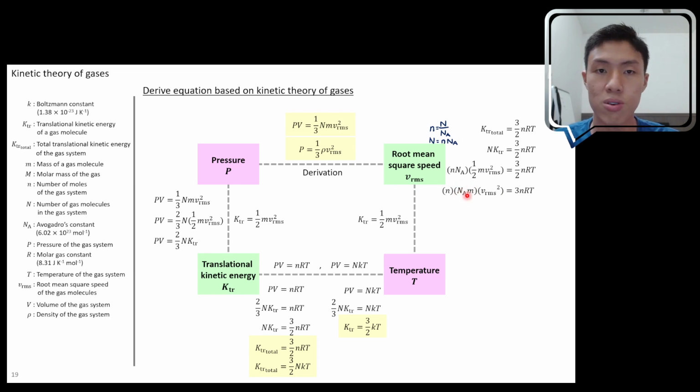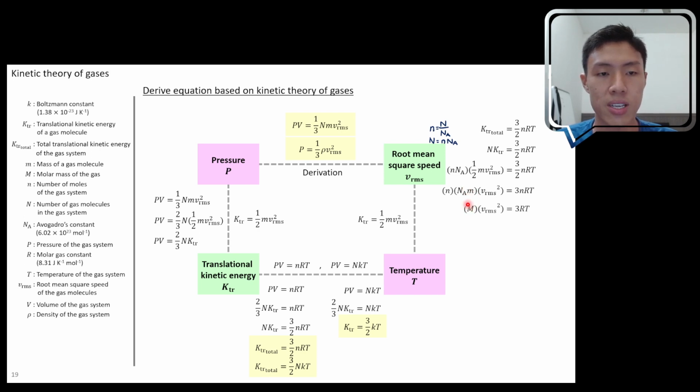The Avogadro number multiplied by the mass of one gas molecule just represents the molar mass, because the Avogadro number is how many molecules you have in 1 mole of gas. You know how many gas molecules you have in 1 mole of gas, you multiply by how massive each molecule is, then you get the mass of 1 mole of gas molecules, which is actually just the molar mass.